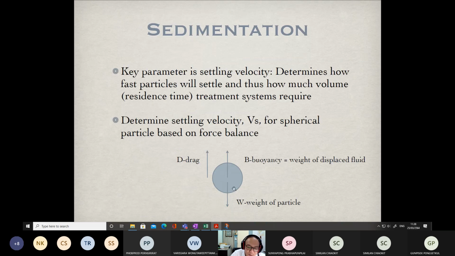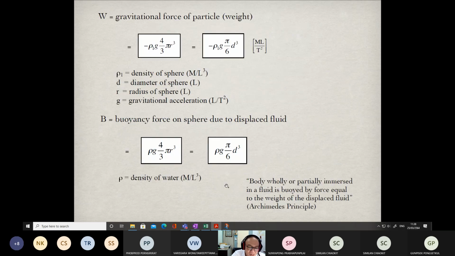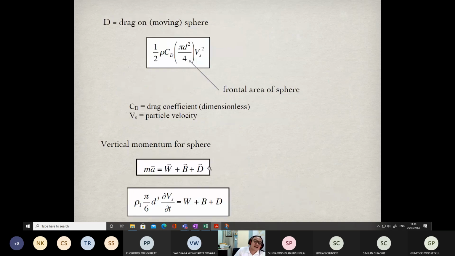And with respect to these figures, there are three forces acting on these particles, so it creates the conditions as per Newton's laws of motion.